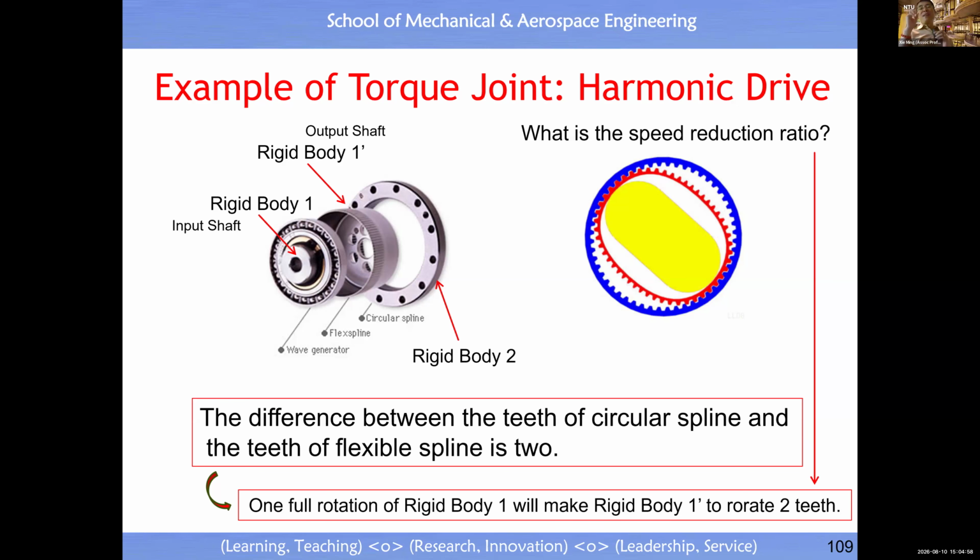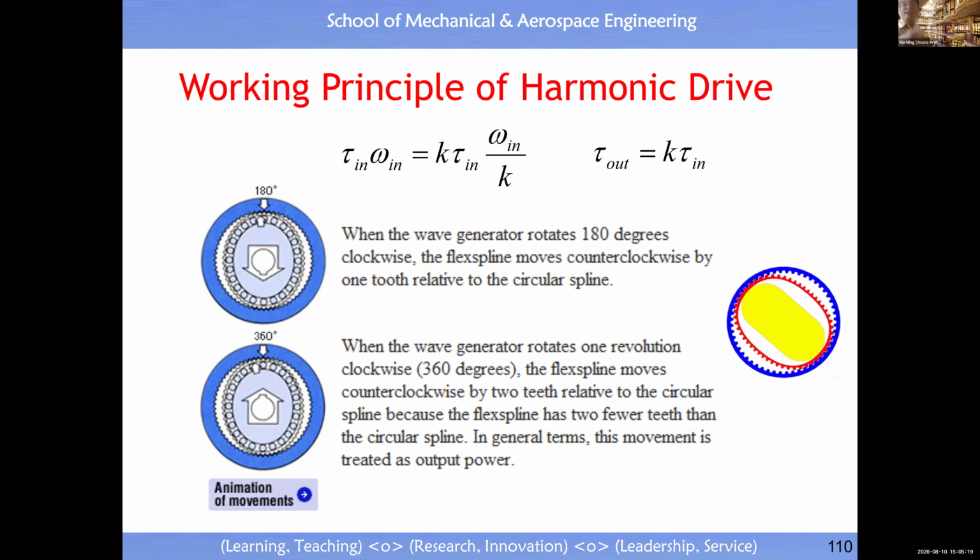Yes or no? If the difference is 0, then 0 motion. If the difference is 2 teeth, then the relative motion is 2 teeth. One full rotation moves 2 teeth. Based on this knowledge, you should be able to compute or design a harmonic drive with any desired speed reduction ratio. Okay, so this is just for you to know.